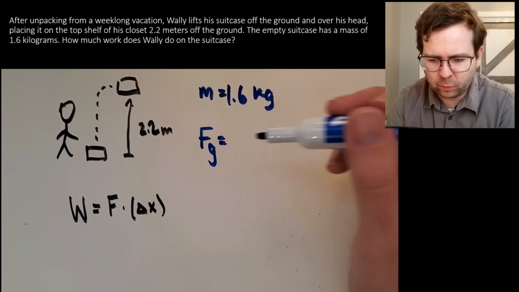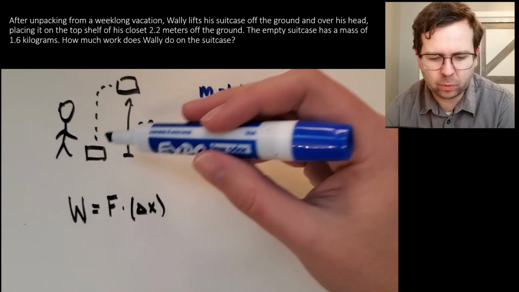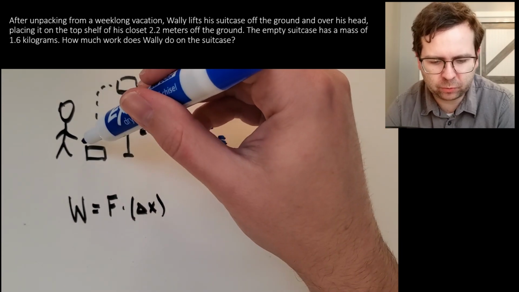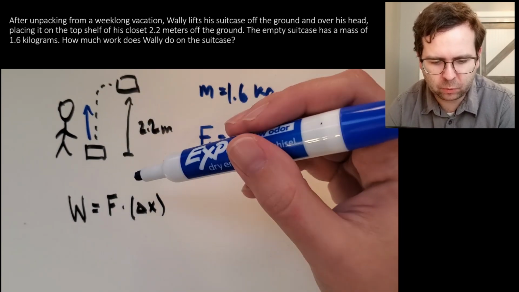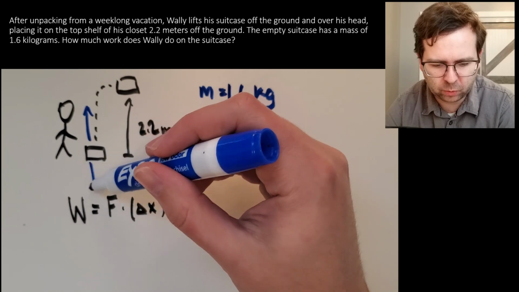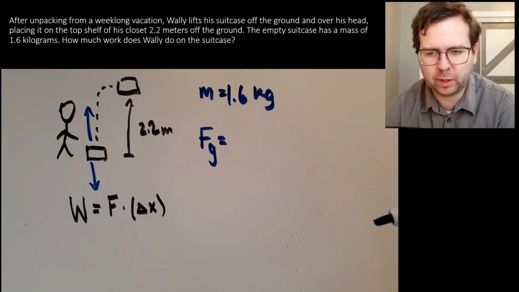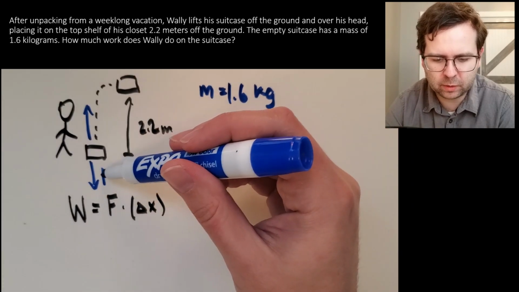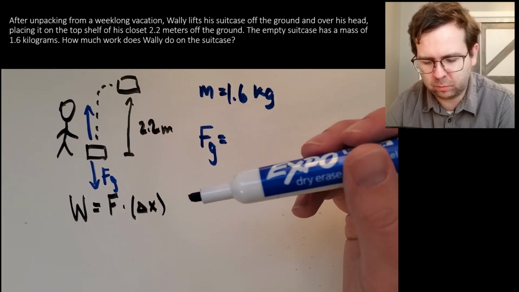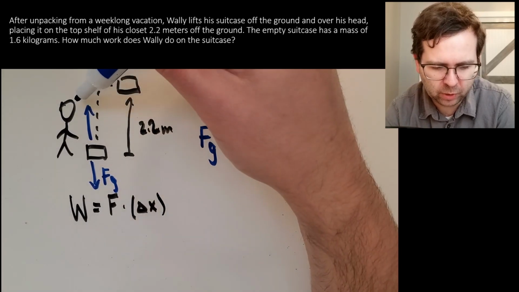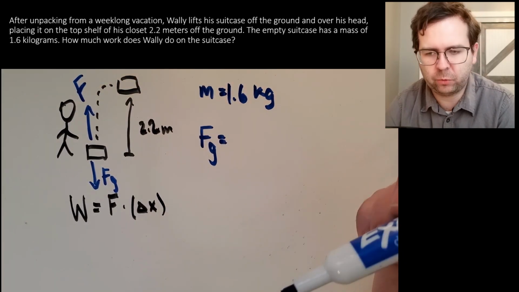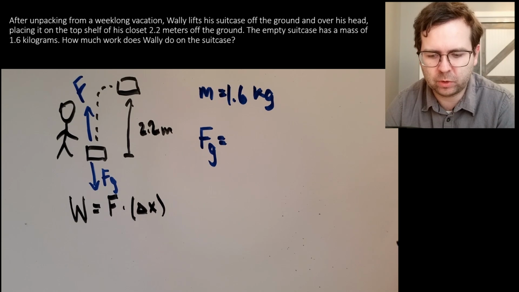And why would we need to find the weight? Well, if you're thinking about what Wally is doing, he's lifting the suitcase up, and in order to lift it up, he's got to equal the weight of the suitcase pulling down. So if we find the weight of the suitcase that he has to counteract, then we'll know how much force he's actually pulling the suitcase up with. And that's what we want to know.